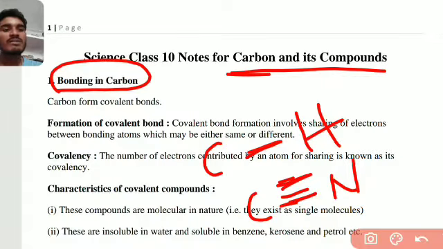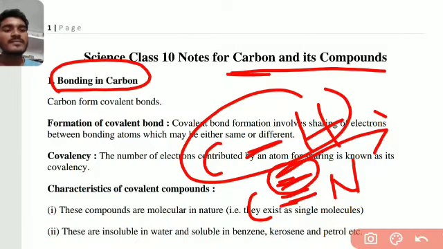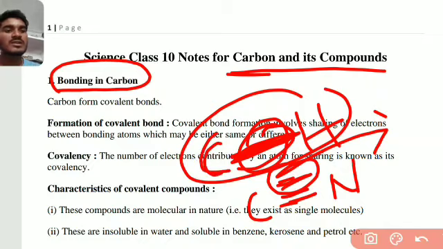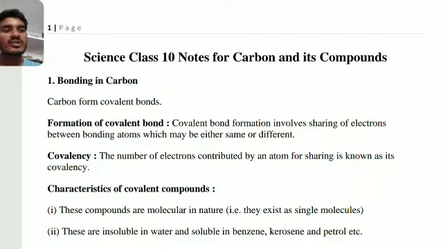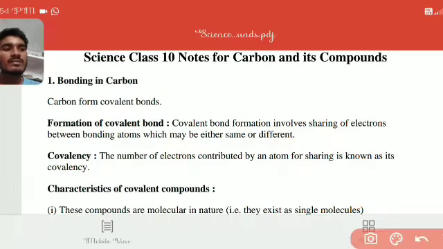These are covalent bonds, with 2 pi bonds formed here. So carbon forms covalent bonds between the two atoms. Now, the formation of covalent bond.